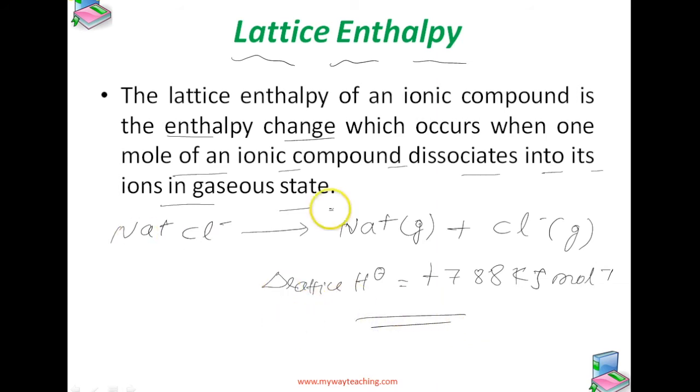According to this definition, the lattice enthalpy of an ionic compound is the enthalpy change which occurs when 1 mole of an ionic compound dissociates into its gaseous ions. Since it is impossible to determine lattice enthalpies directly by experiment, we use an indirect method where we construct an enthalpy diagram called the Born-Haber cycle.